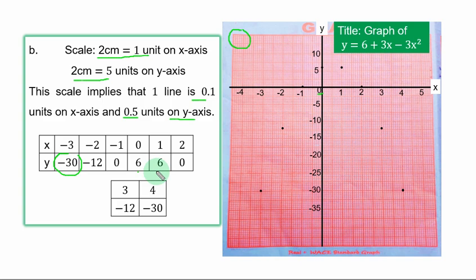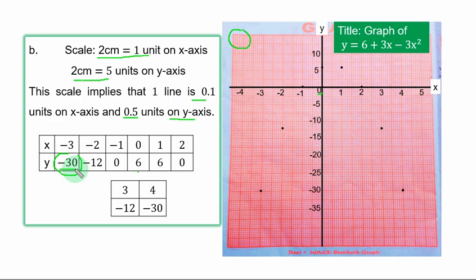So you draw the x-axis closer to the top. Now, if you take it at the middle, it might not accommodate minus 30. Hence, the trick of shifting it up so that you give more space to the negative y values.